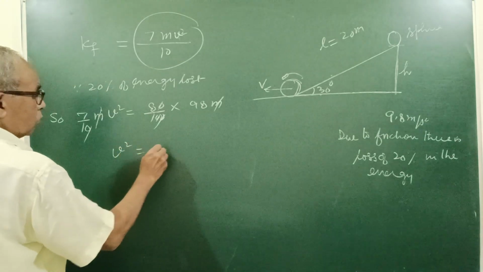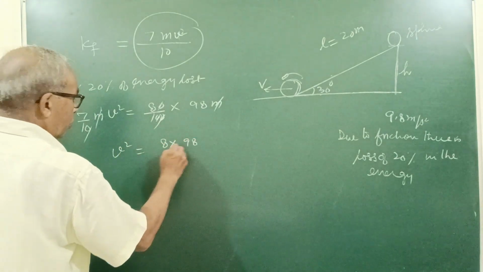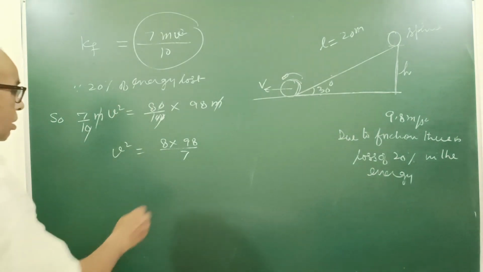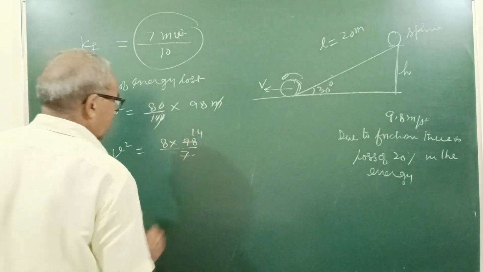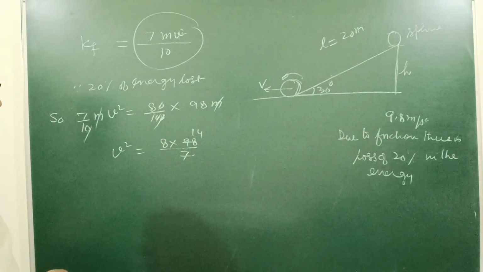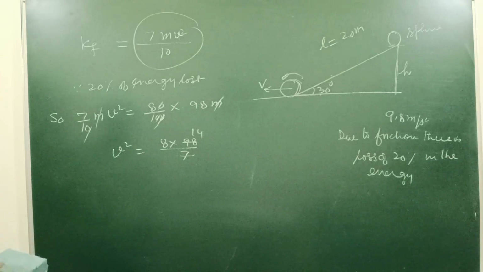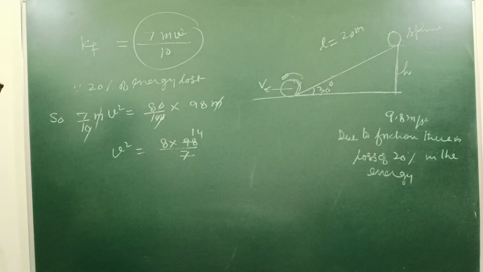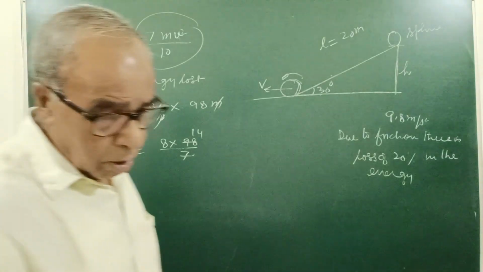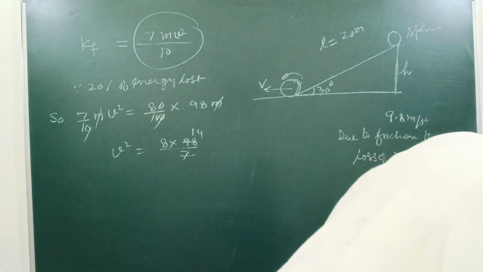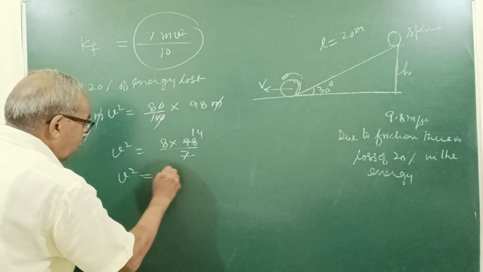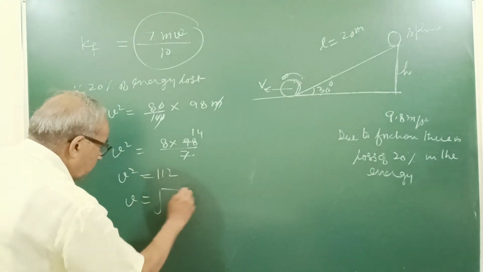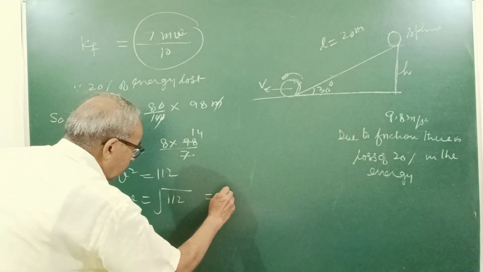So v square equals 8 into 98 upon 7. How much is this? 14 times 8 is 112. So v square equals 112 and v equals under root 112. It comes out nearly 10.58 meter per second.